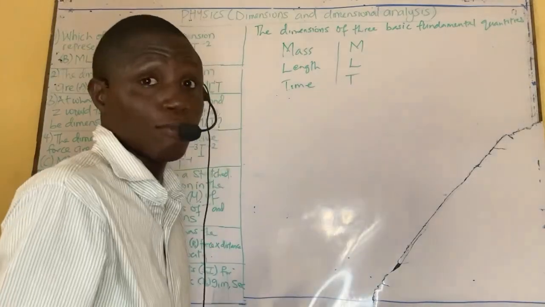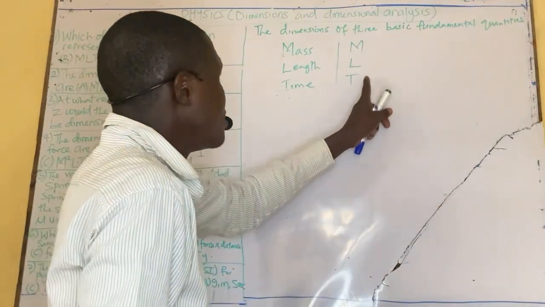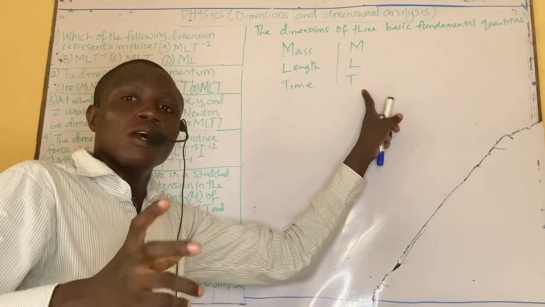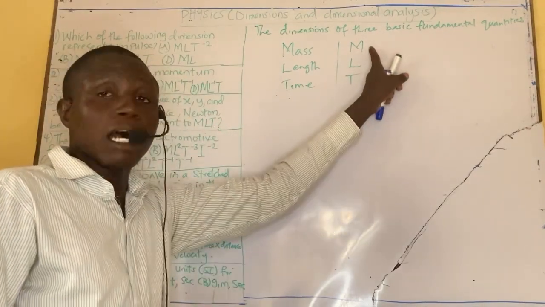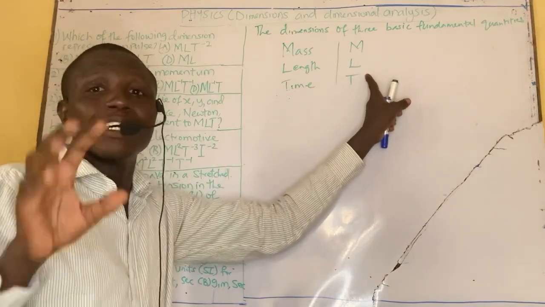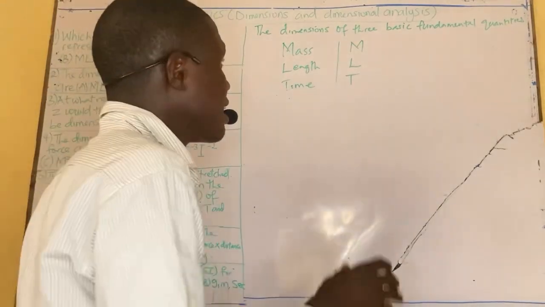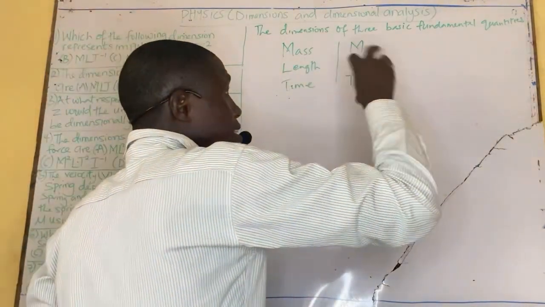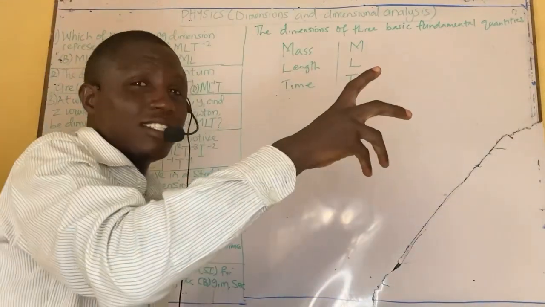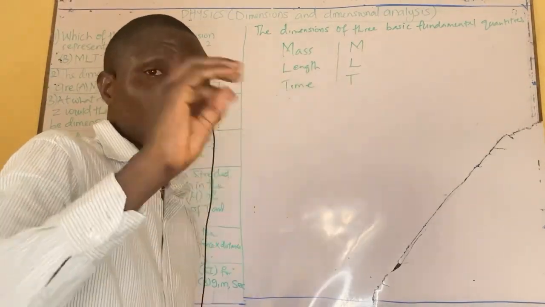And what are the dimension of mass, length, and time? MLT. So the process by which we relate other quantity in terms of MLT is what we call dimensional analysis. I will quickly go to that now, finding the dimensional analysis of some physical quantity.